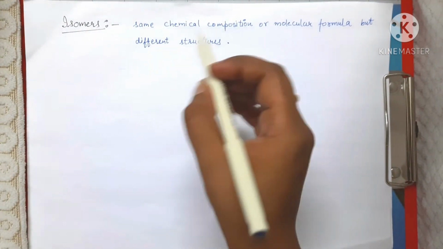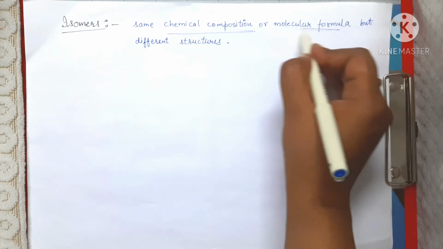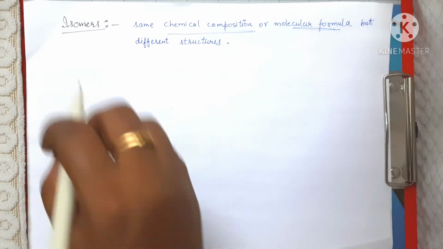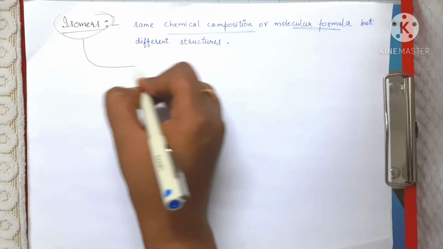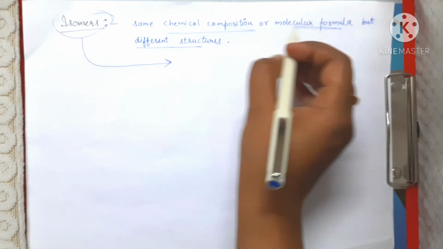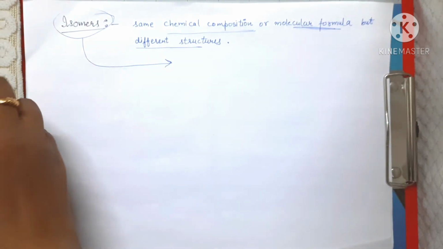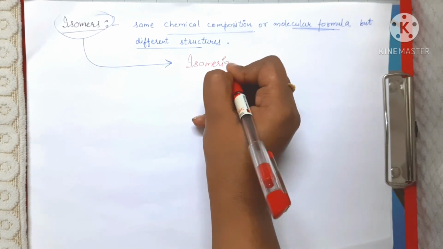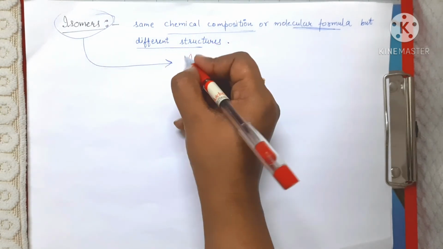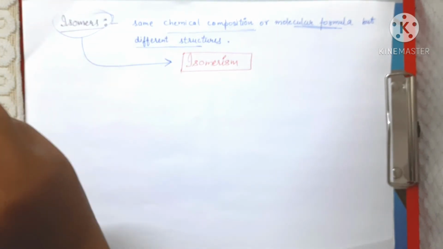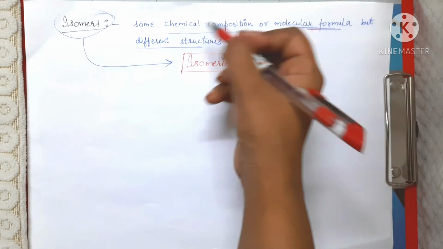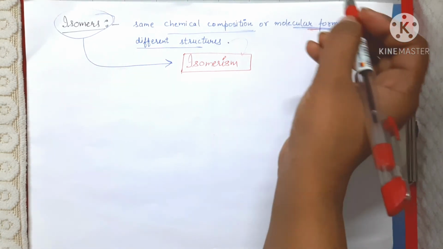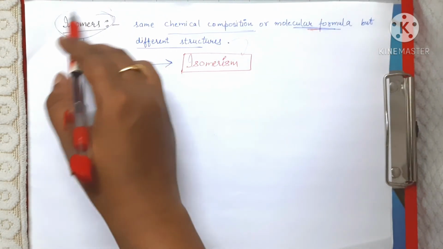Okay, so the compounds having the same chemical composition or molecular formula but different structures are called isomers, and this property of showing different structures despite having the same molecular formula is known as isomerism. So two or more compounds can have the same molecular formula but different structures, and that property is called isomerism, and those compounds or chemical species are known as isomers.